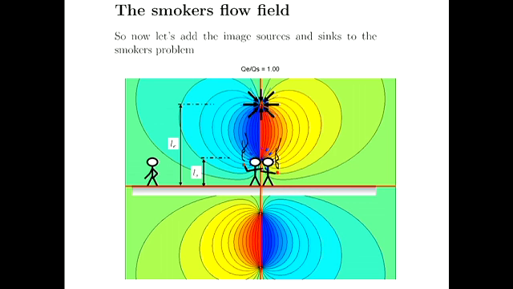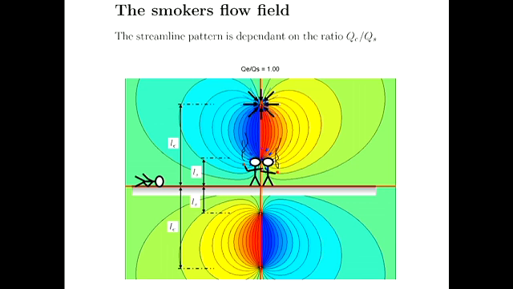But anyway, these are times where we're trying to save energy and make efficient buildings, so I guess someone could be that stupid. So at the moment, QE on QS, the ratio of the strength of the extraction fan to the smokers, equals 1. And the non-smoker dies, because the smoke permeates everywhere within this flow field, all right?